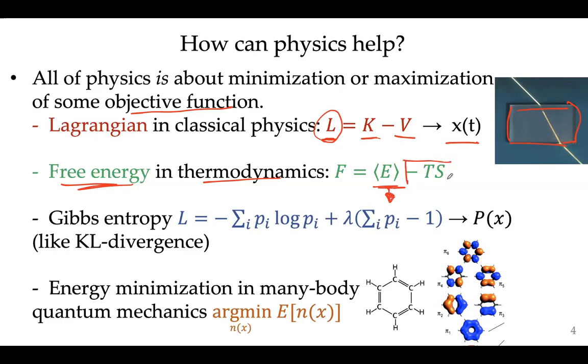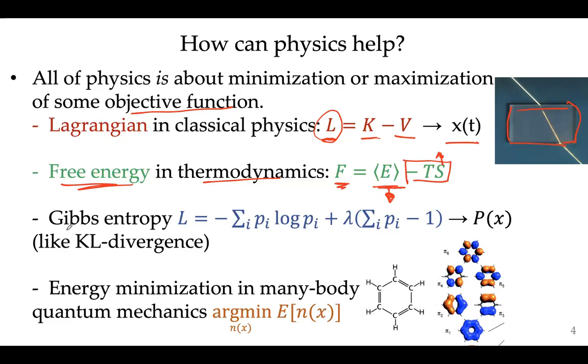And if you think of it with the negative sign, you try to maximize the entropy. So there is a trade-off between them. The thermal equilibrium point is the point where not these terms are individually minimized or maximized, but this free energy is minimized.